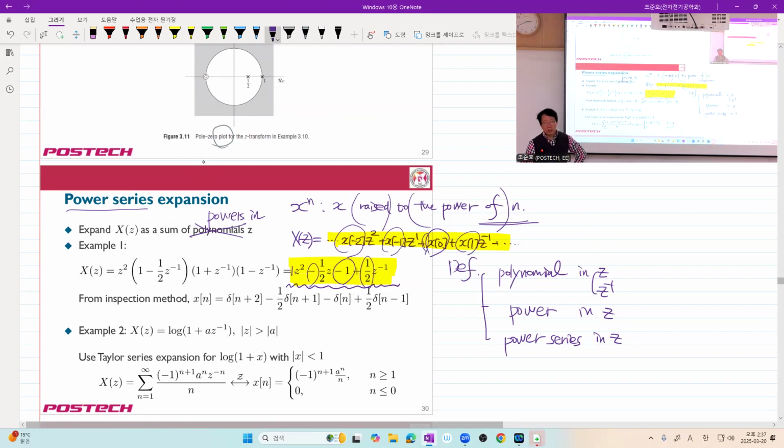Now, using delta functions, you can write it, right? 1 times delta of n plus 2, -1/2 times delta of n plus 1, and -1 times delta of n, 1/2 times delta of n minus 1. By the way, here, what would be the region of convergence?